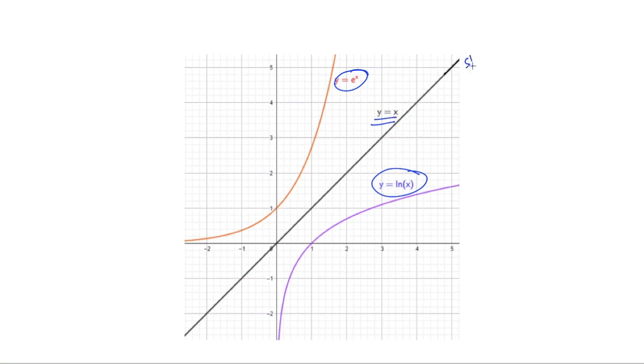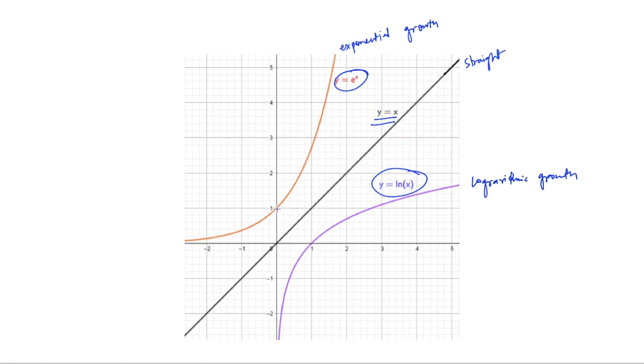This is a straight line, this is an exponential curve, basically the exponential rise or exponential growth, and this particular one is logarithmic growth. So that's how the curve changes. You can see that it's a kind of mirror. This y equals x is acting as a mirror for these two curves.